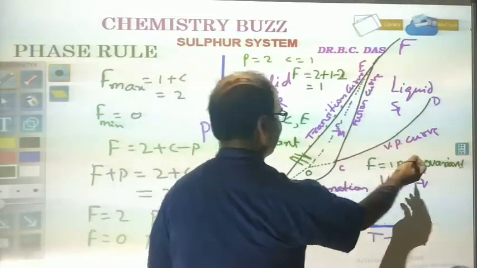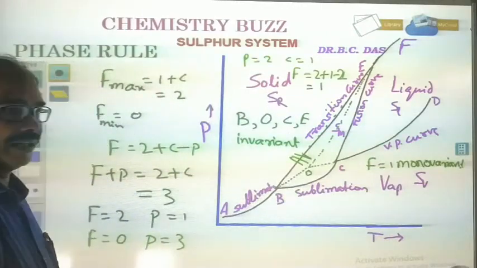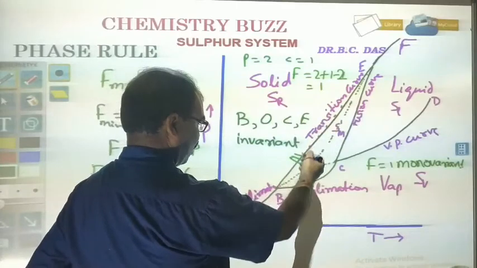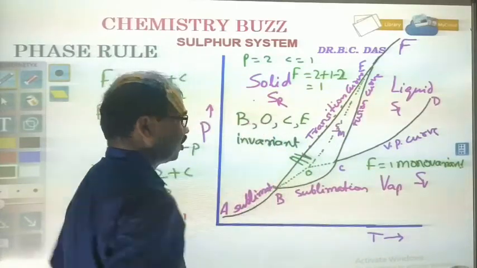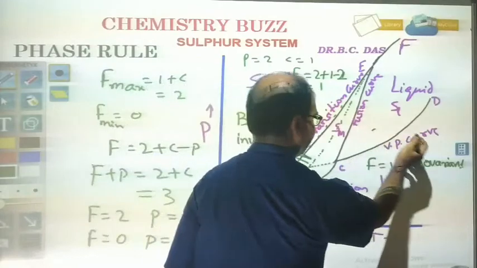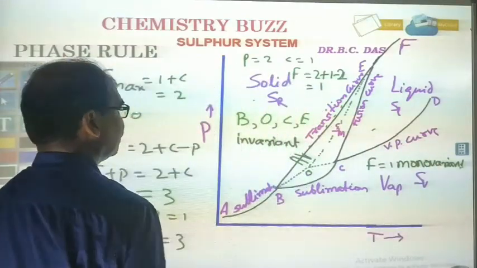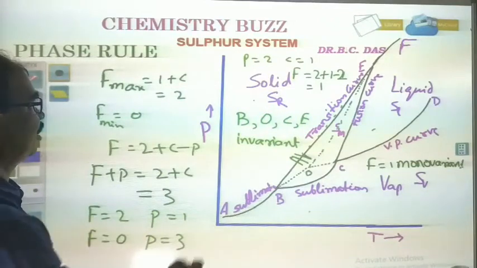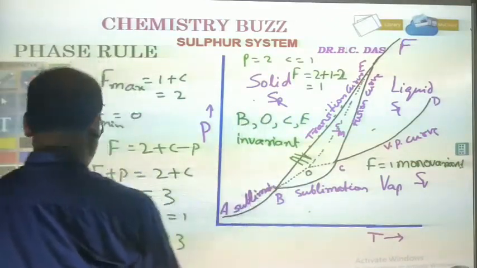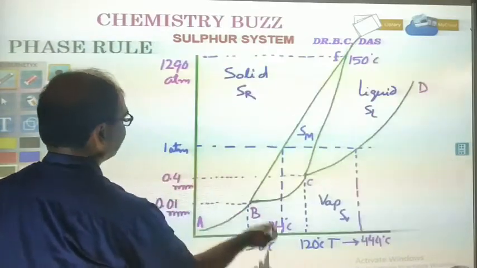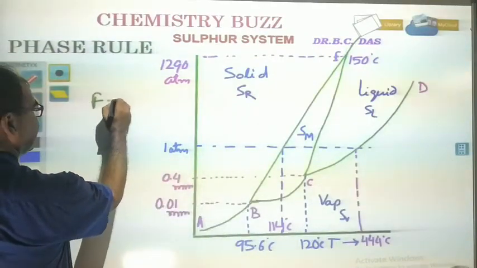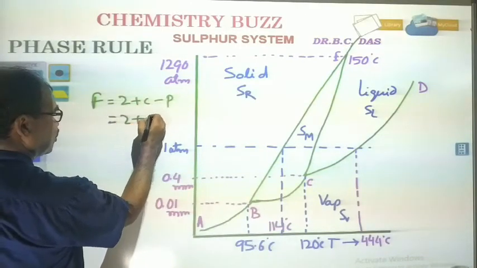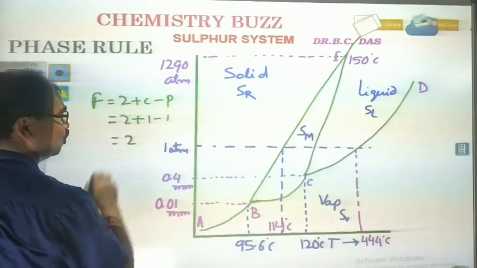So invariant and monovariant. If you take a point in the region other than these chords and points, say here or here or here, then this is a single phase. So for isolated single phase, the degree of freedom we calculate as F is equal to 2 plus C minus P, that is 2 plus 1 minus 1 is equal to 2.